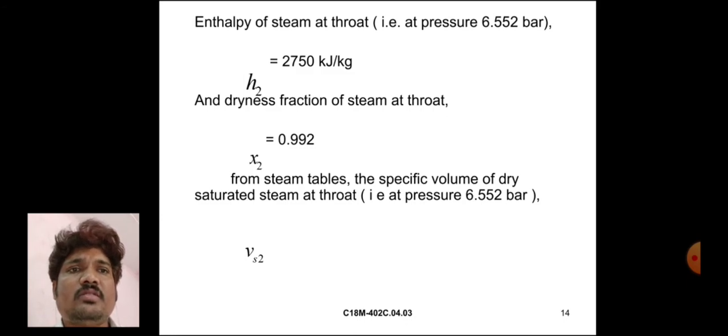From steam tables, the specific volume of dry saturated steam at throat, at a pressure of 6.552 bar.